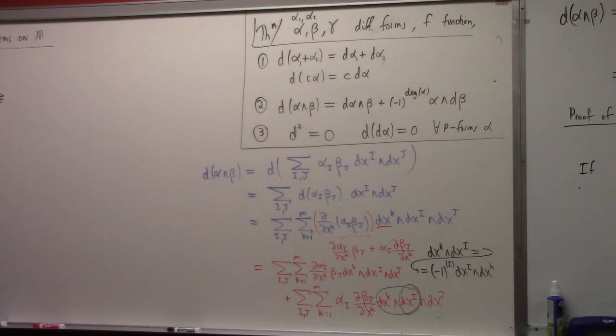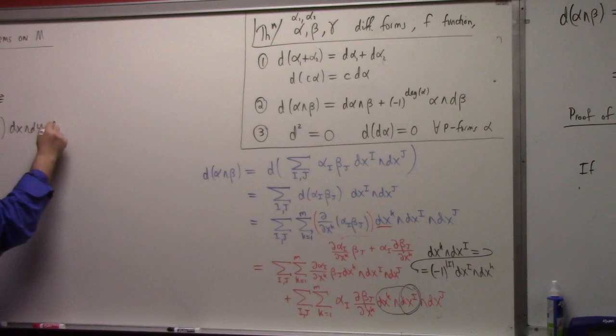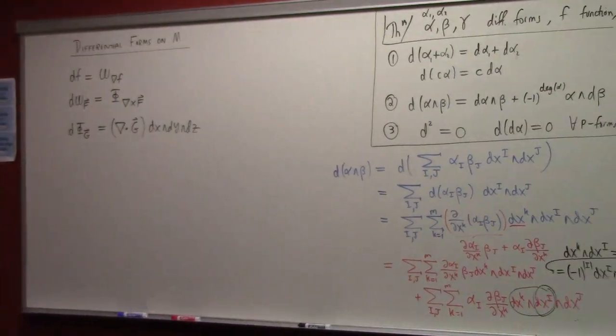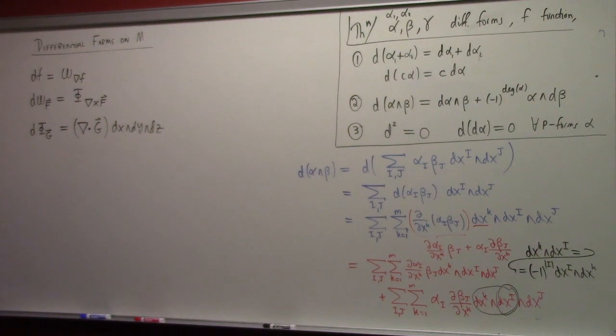And we also found that the exterior derivative of the flux form of, let's say, a vector field G was the divergence of G times dx wedge dy wedge dz. So, this being the case, what does d squared equal to 0 tell us?